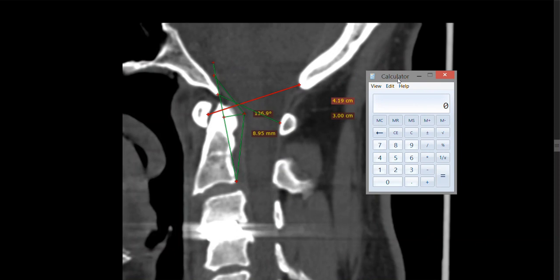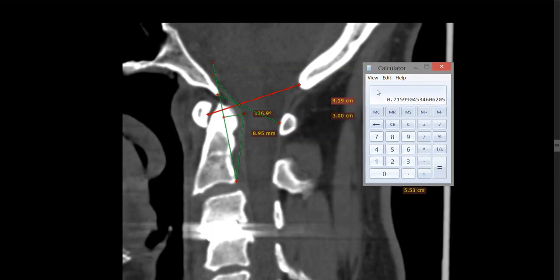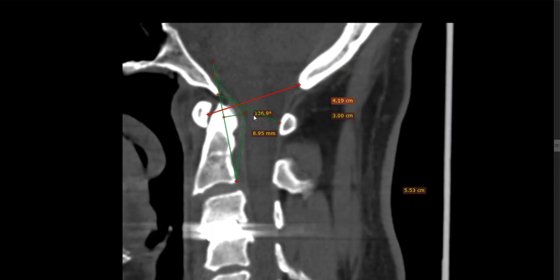So we take the 3 divided by 4.19, which is probably going to be in your 0.7s. So this number is fine. This is just where the skull is in relationship to where the brainstem's coming out, and you can just tell by eyeballing this. I didn't have to do this number. I could have just told you that that number was fine.